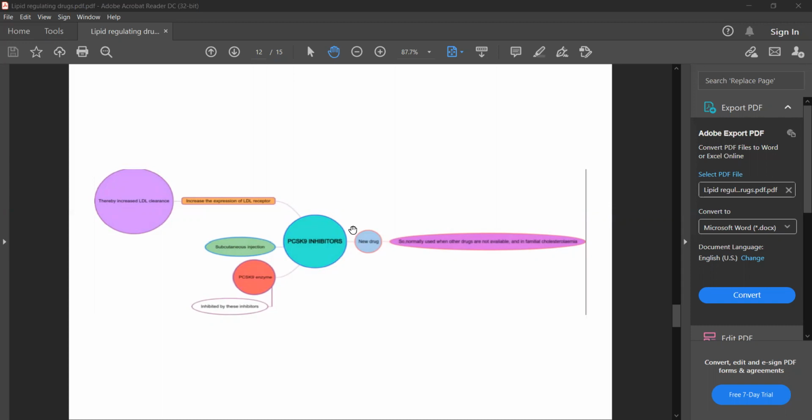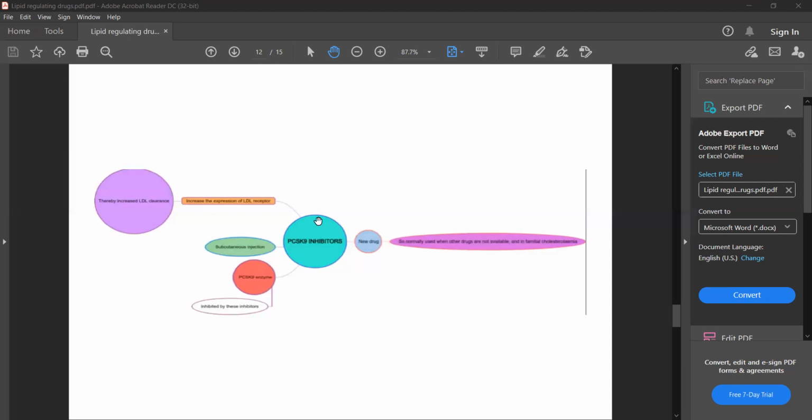Right. So what is this PCSK9 inhibitor? PCSK9 is an enzyme, and this enzyme degrades LDL receptors. So if this enzyme degrades LDL receptors, LDL clearance is impaired.